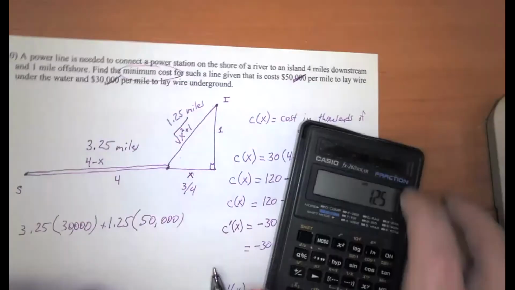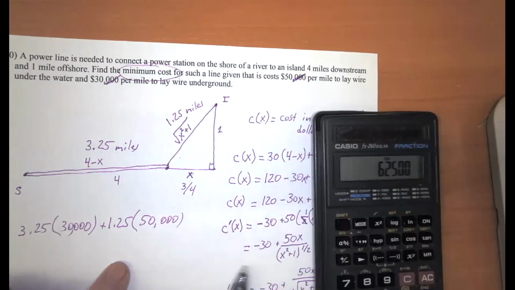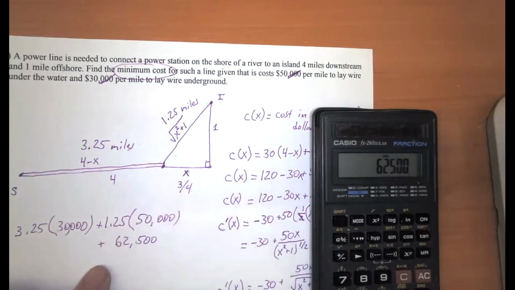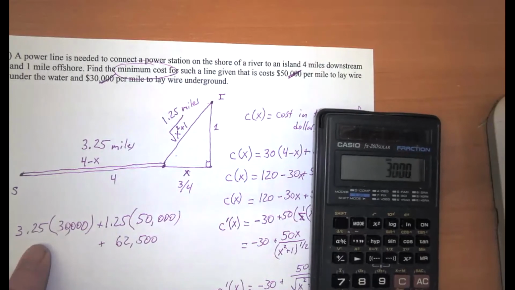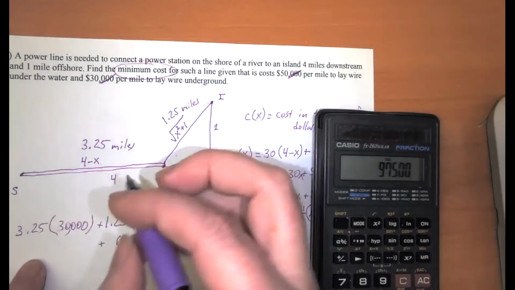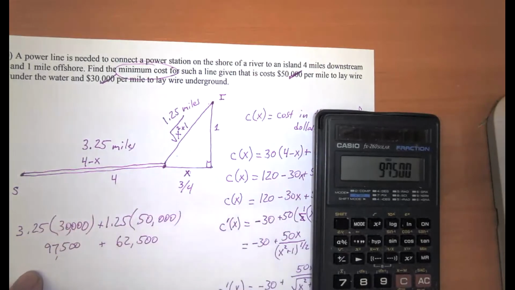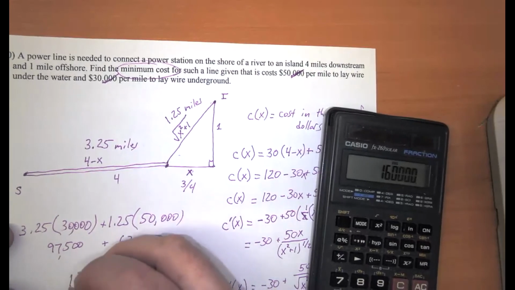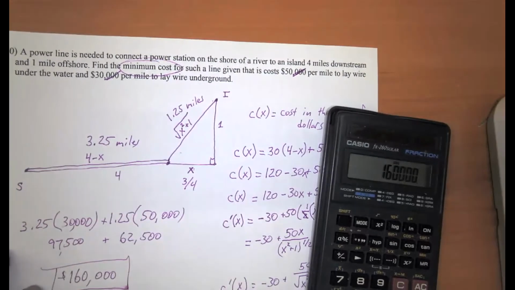All right, so 1.25 times 50,000 is equal to $62,500 to lay the underwater part, and 3.25 times 30,000 to lay the underground part, which is $97,500. So the grand total for our project is $97,500 plus $62,500. So it's a grand total of $160,000 to make this project work out.